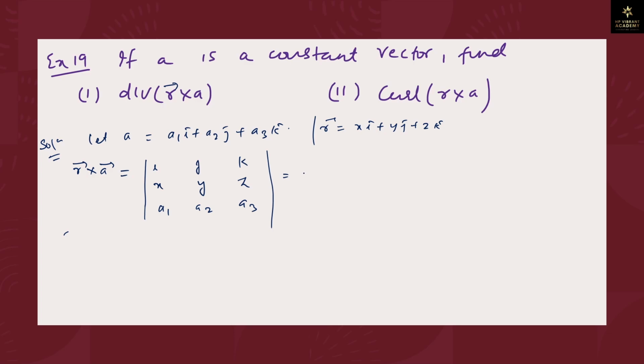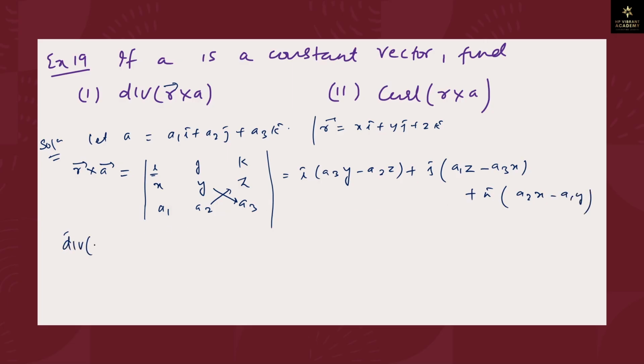The i cap component is a3y minus a2z, plus j cap times a1z minus a3x, plus k cap times a2x minus a1y. So this is r cross a.